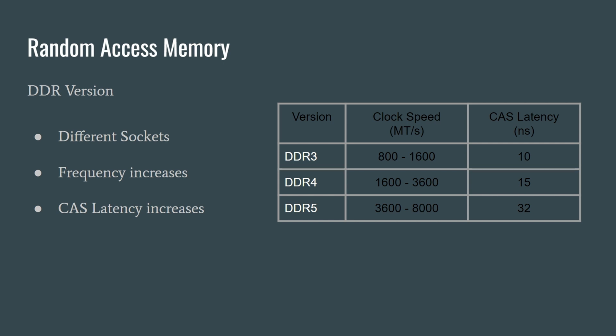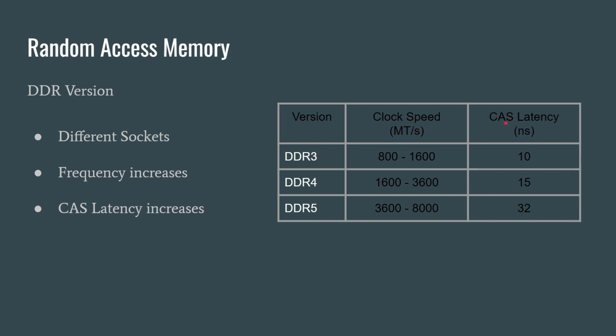In the past, we had DDR4 and DDR3 and so on. And you'll see here that the clock speed increases with each DDR version. DDR3 had a very low clock speed, and we're up to DDR5, which has a very high clock speed, and we haven't reached the top level yet. But we're making more and more RAM sticks with faster clock speeds. But that's not the full story.